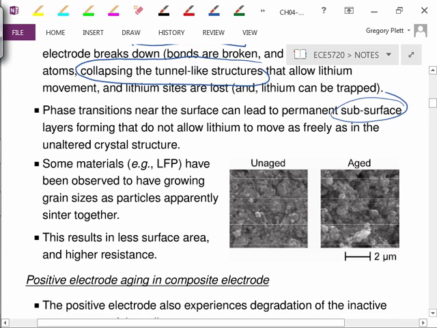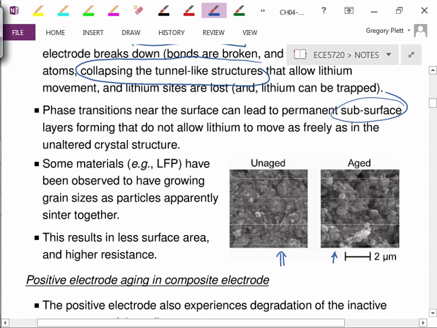An interesting property of crystals is they tend to grow over time. A crystal of a certain material in contact with a crystal of the same material over time tends to form a single crystal. And some materials, for example, I think this picture is of lithium iron phosphate. The unaged, if you can see this picture, has lots of little tiny particles in it, but the aged one appears to have fewer particles and bigger particles.